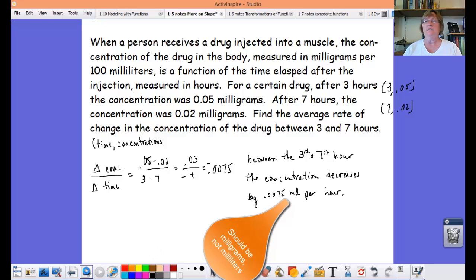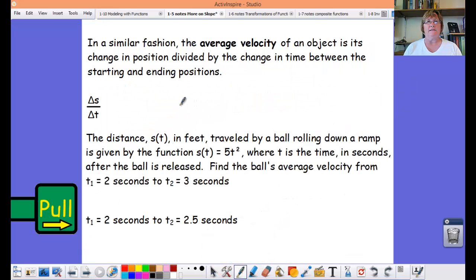One more application, and this one concerns average velocity. The average velocity of an object is its change in position, or you might think placement or distance, divided by the change in time between the starting and ending position. So we're talking about some particle in space that at one point is here, but at the next time tick is up here, then that might be its trajectory, right?